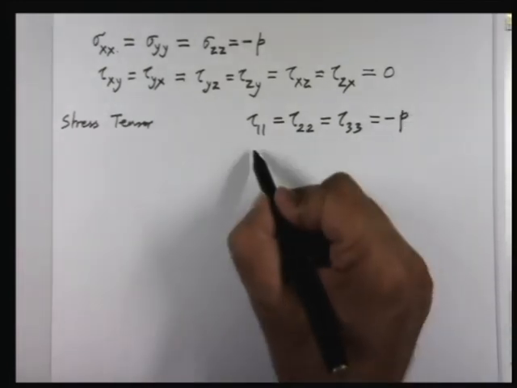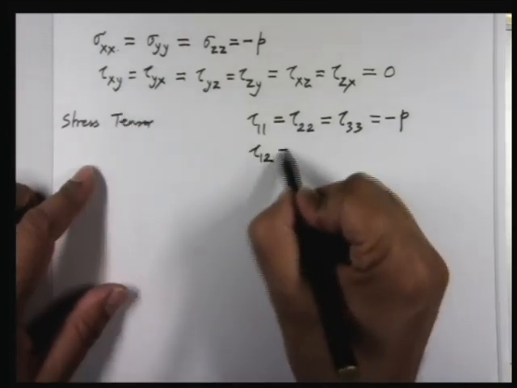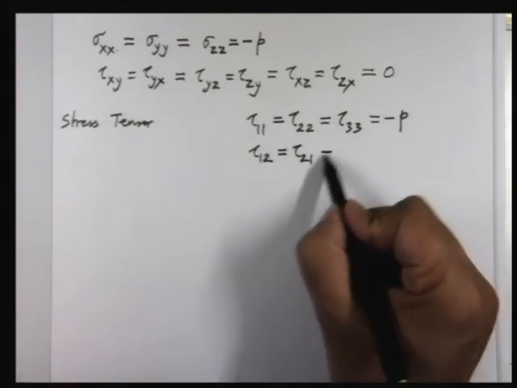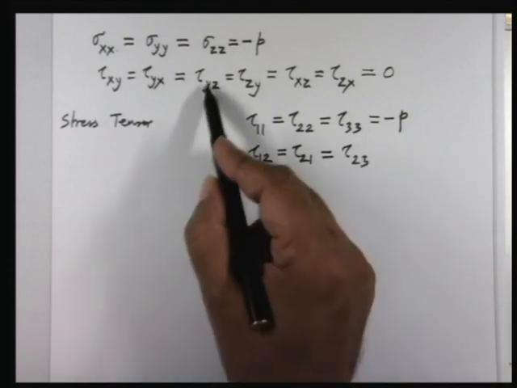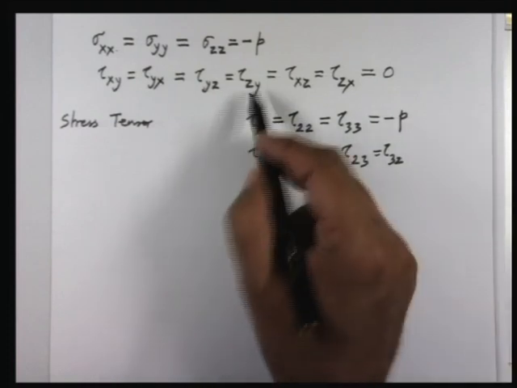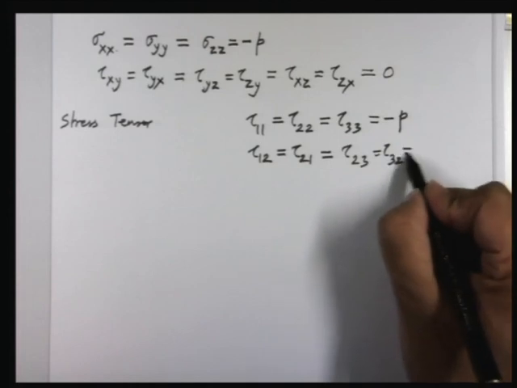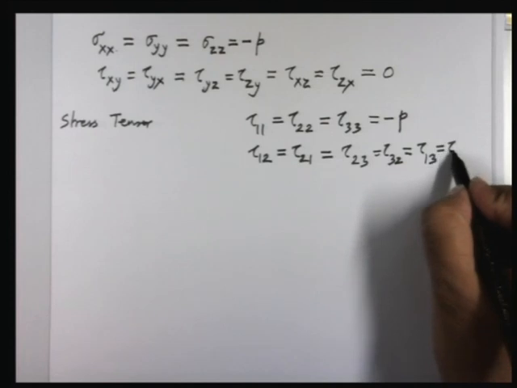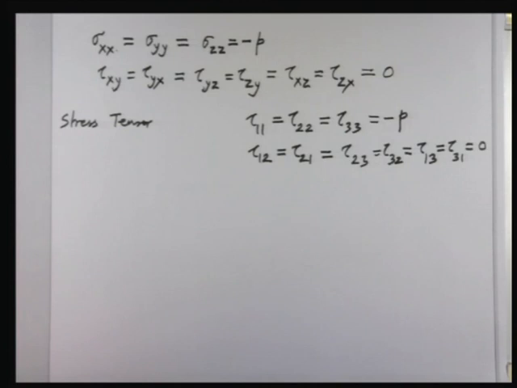And instead of writing tau xy, I can write tau 12. So this will be tau 21, which is the same as tau yx, and this will be equal to tau 23, which is the same as tau yz, equal to tau 32, which in the new notation is tau zy. This will be equal to tau 13 equal to tau 31. This will be equal to 0.